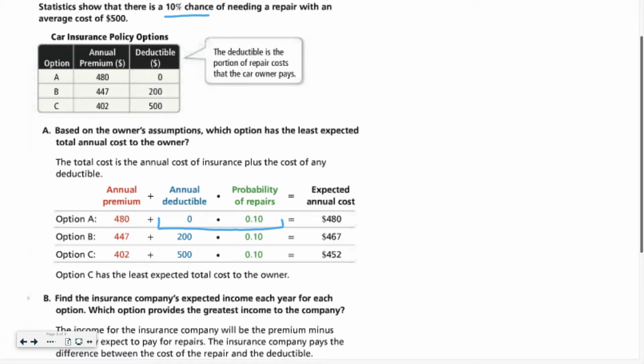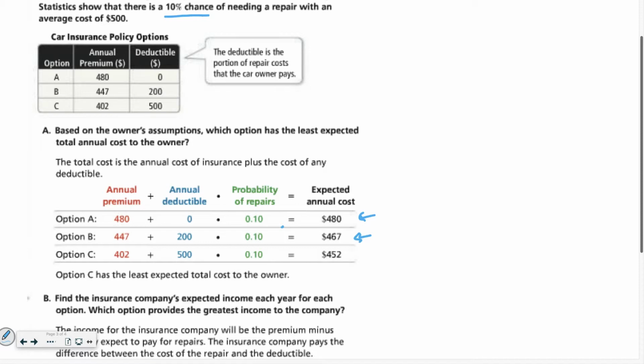So 0 times 0.1 or 10% is still 0. 0 plus 480 is 480. Option B costs $447, and then the owner pays the first $200 of repairs. So 200 times 0.1 plus the 447 ends up being a total of $467.